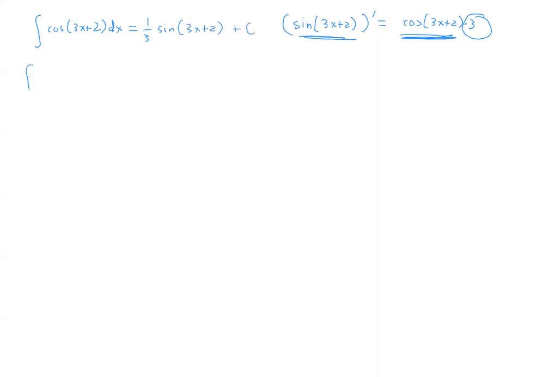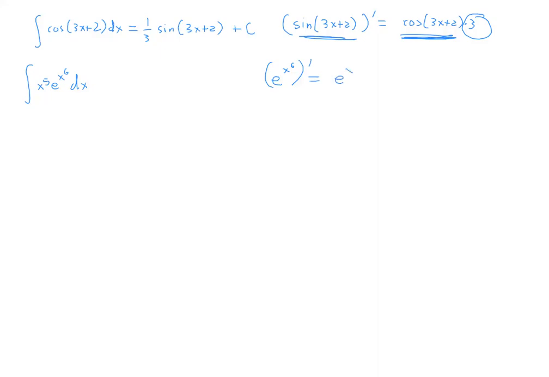And then another one of the same type, if we have something like x to the 5th e to the x to the 6th dx, again here, we can try to take a guess by taking the derivative of this.